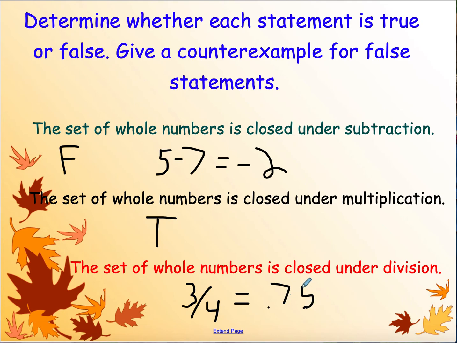Again, we have that decimal, non-zero digits to the right of the decimal point. So this is going to be false because we found one counterexample, and there are infinitely many counterexamples here. The set of whole numbers is closed under division. That is a false statement.